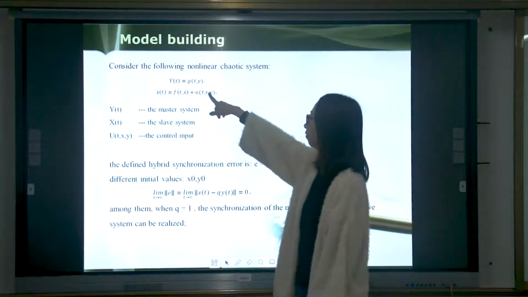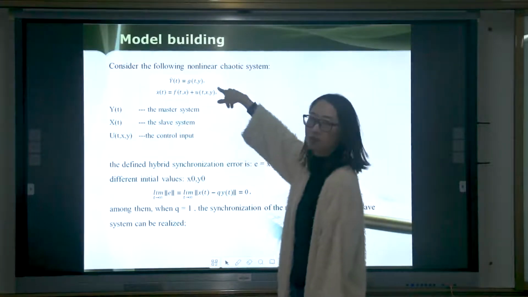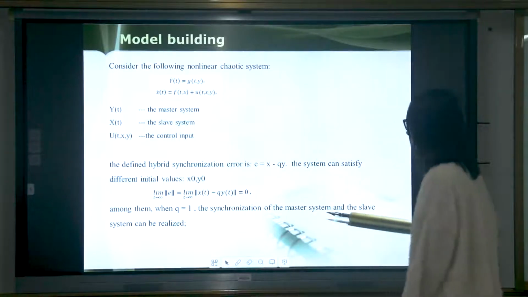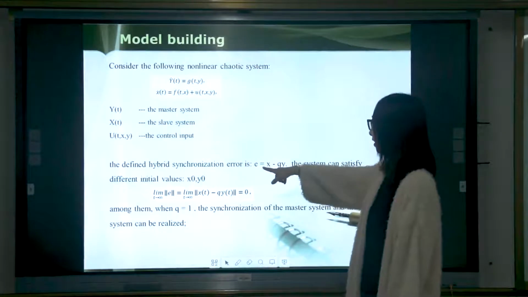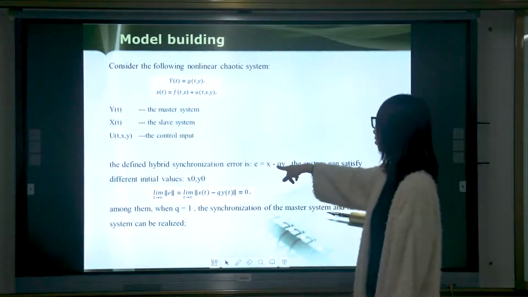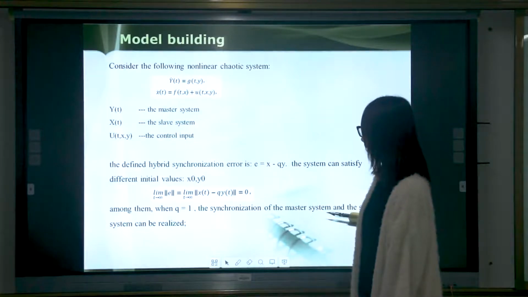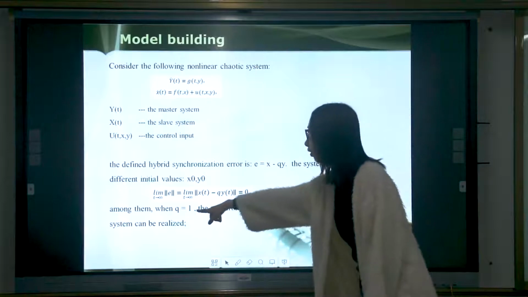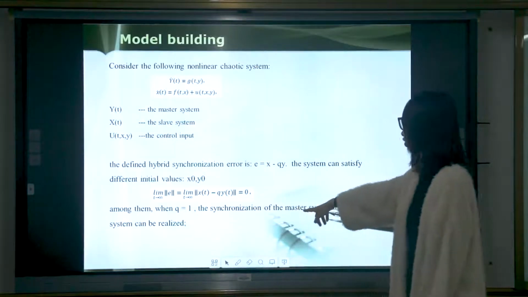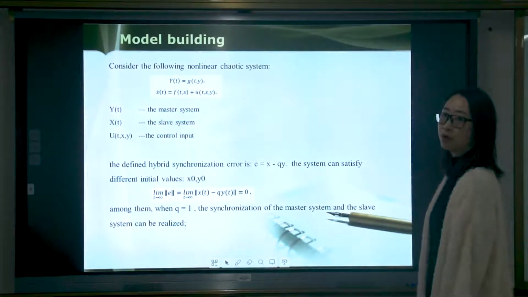So we will define this control input to solve this synchronization problem. We can get the error e equal to x minus y, and we can obtain this equation. If q equals 1, the synchronization of the master system and the slave system can be realized.